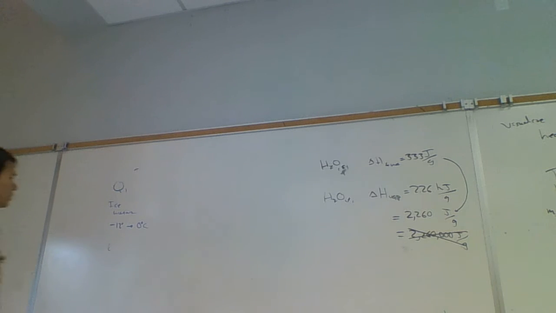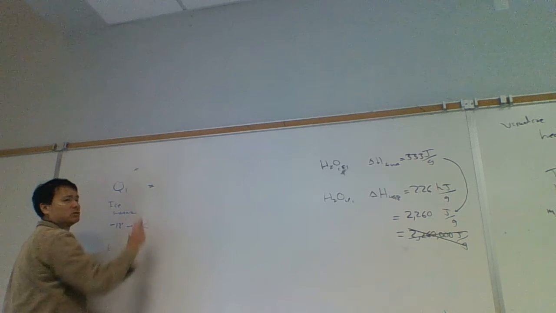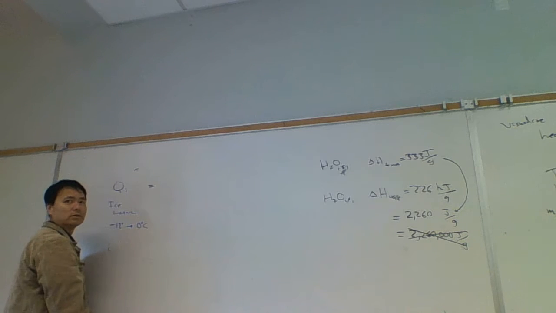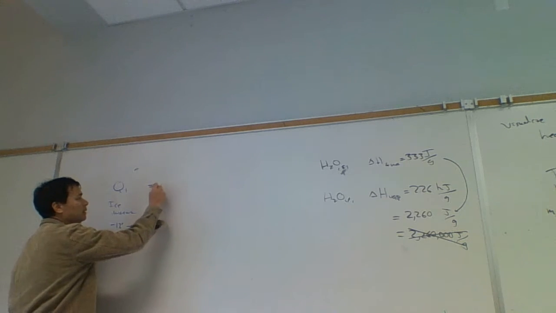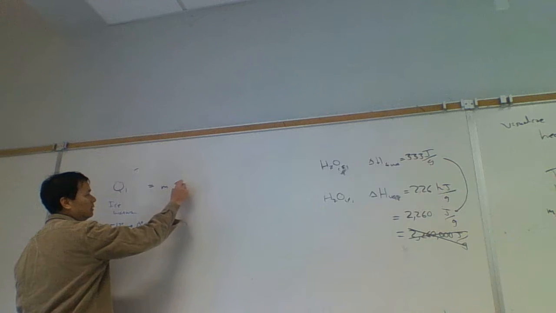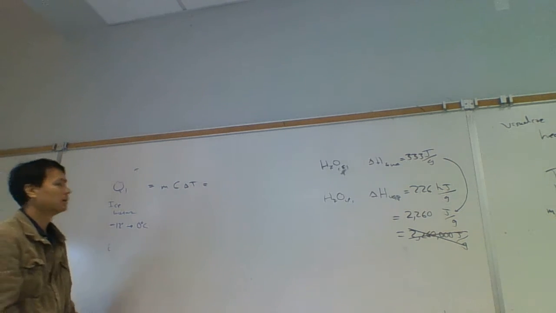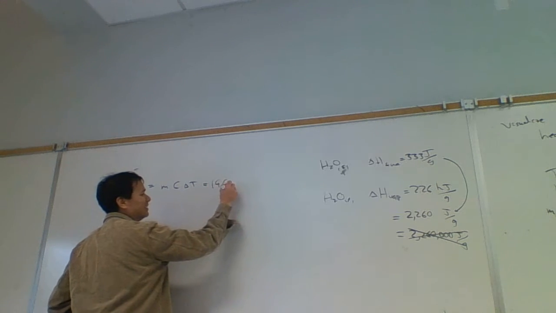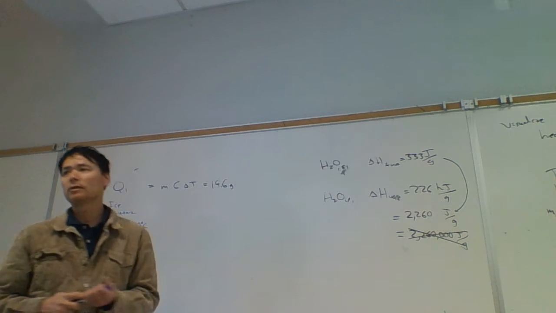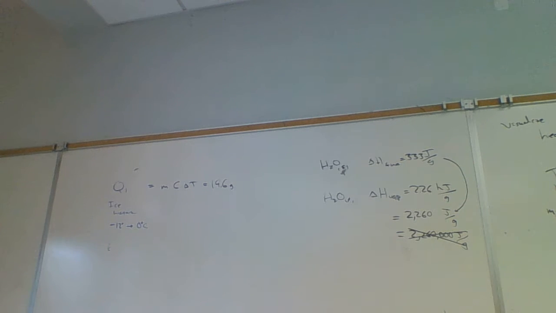And so what equation do we use for that? Q1 is equal to M C delta T. And so what's the mass? 19.6 grams. What's C? Well, you've got to look that up or it's given. So let's go look it up. Do you see it?